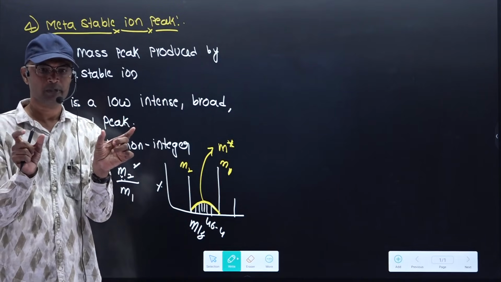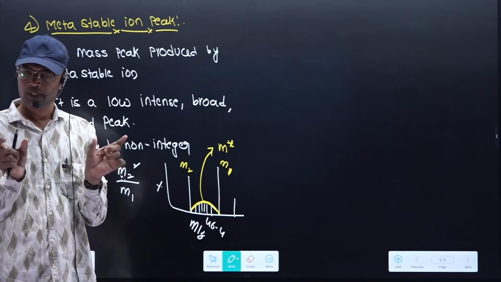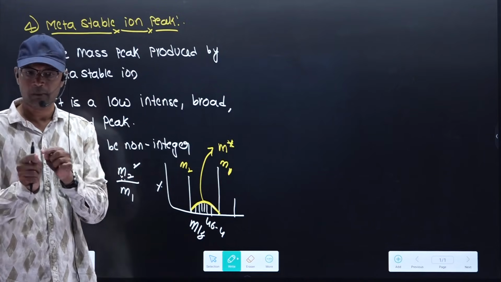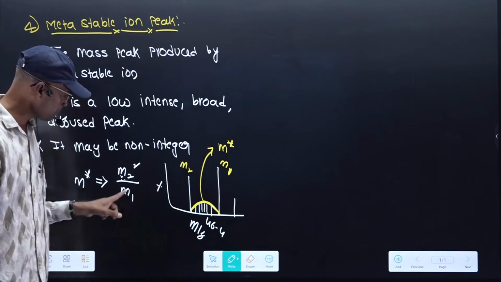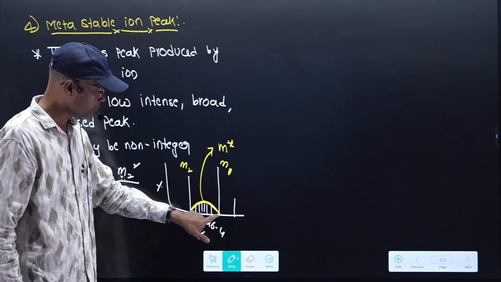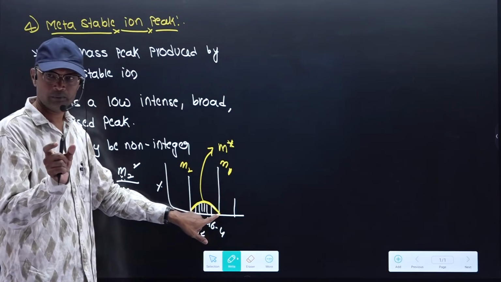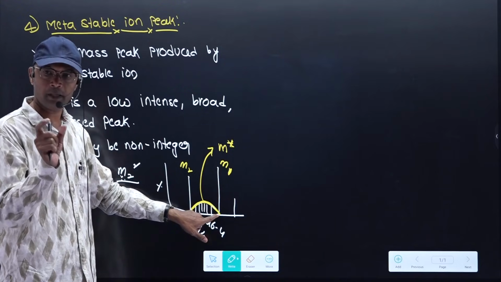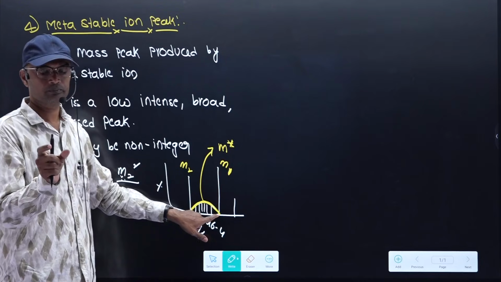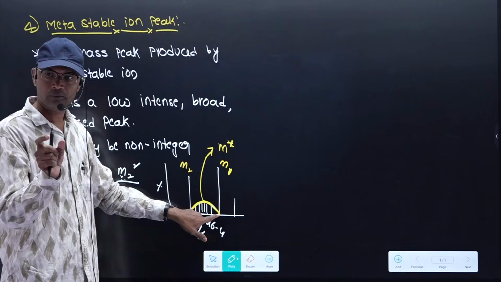Carbon, nitrogen may be present, or carbon, oxygen may be present, but the M-Z value is the same. Suppose here M-Z value is 28, but one fragment carries carbon, oxygen and hydrogen. The other fragment carries carbon, nitrogen and hydrogen. M-Z value is the same, but the fragment elements are not the same.